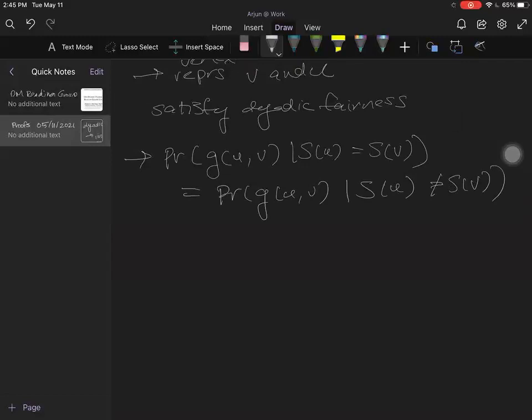I'll state in a second what exactly it means for vertex representations to be fair. But the big idea is that fair vertex representations can be a sufficient condition for fair link prediction, at least according to this definition.